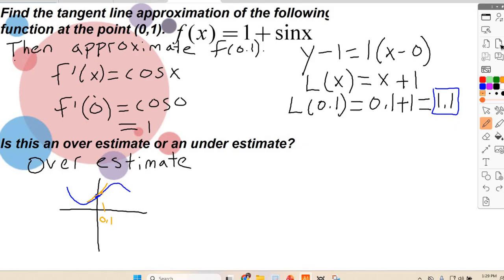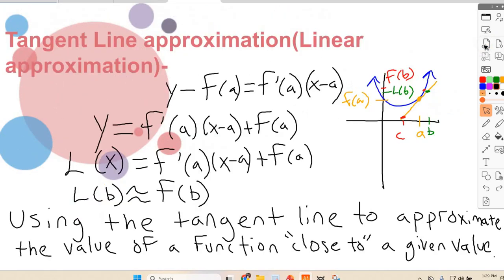So what do we think that means? Concave up is underestimates. Concave down is overestimates. Always? No. Both of those are doing what? Increasing. So this one's increasing and concave. What's wrong with this? This one was also increasing, right?